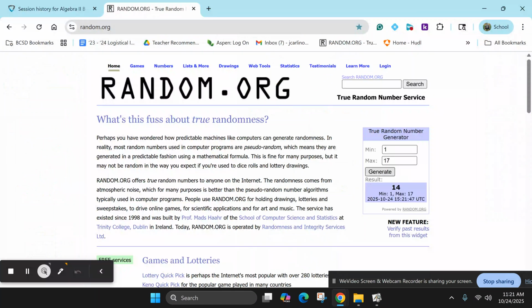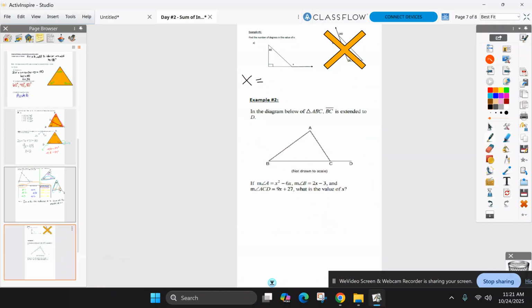What are my two remote interiors to X? Ryan, on fire today. So that angle X is equal to those two added together, which give me 130 degrees. I wanted to use the theorem there.